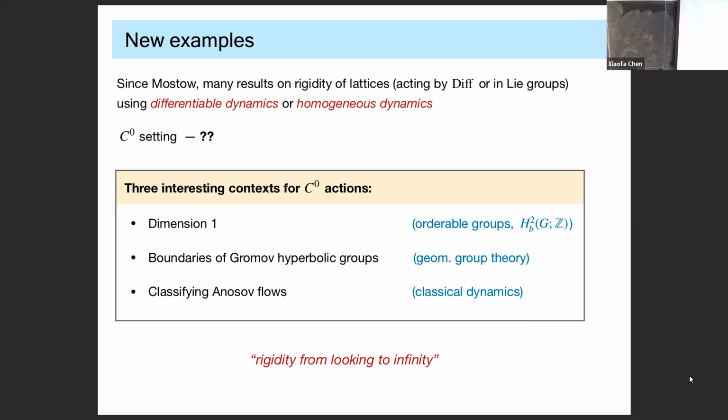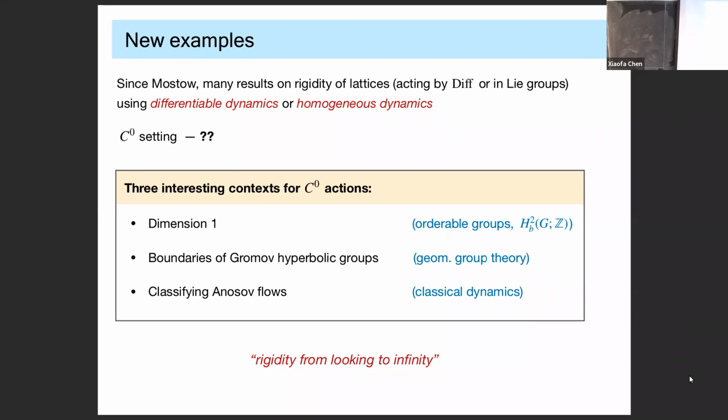So these are, first, the context of super low dimension, because of its relation with some algebraic structures, orderable groups, and boundary cohomology. The second is a generalization of this idea of a boundary of hyperbolic space to a boundary of a purely algebraic object, the Gromov hyperbolic group, which has connections to geometric group theory.